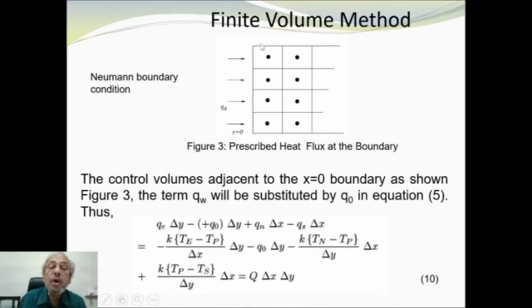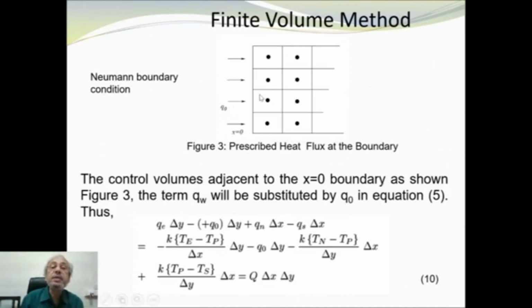we have discussed the Neumann boundary. That means, see, if on one phase, if heat flux at x equal to 0, for example, is defined, that will be equivalent to a Neumann boundary condition. So the control volumes adjacent to the x equal to 0 boundary, as shown in figure 3, the term QW will be substituted by Q naught, because Q naught is specified.